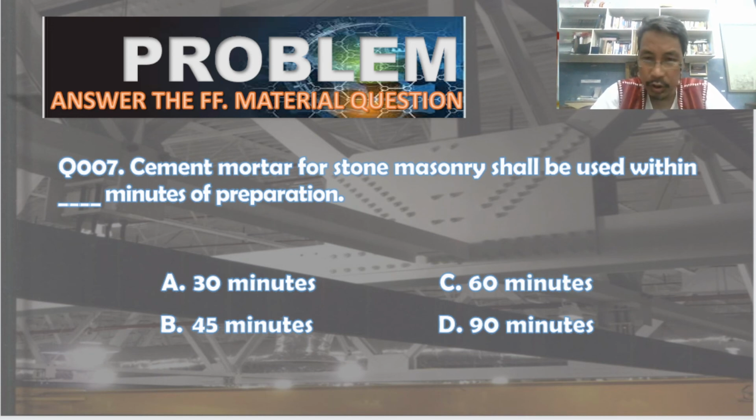Cement mortar, meaning the mixture of cement and sand that is going to be used as a paste for stone masonry. The answer is A, 30 minutes, B, 45 minutes, C, 60 minutes, D, 90 minutes.